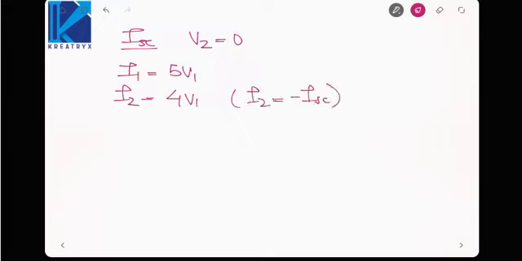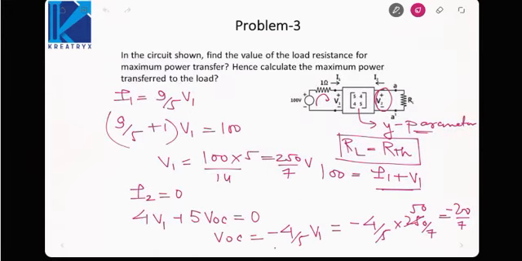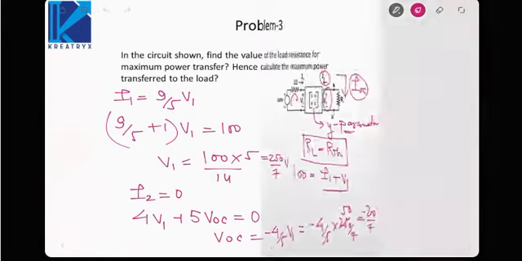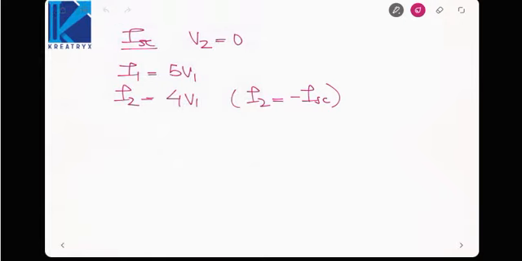Why minus ISC? Because under short circuit the current must go into the short circuit. So I2 will be kept as minus ISC as their directions are opposite. That means ISC is equal to minus 4 V1.